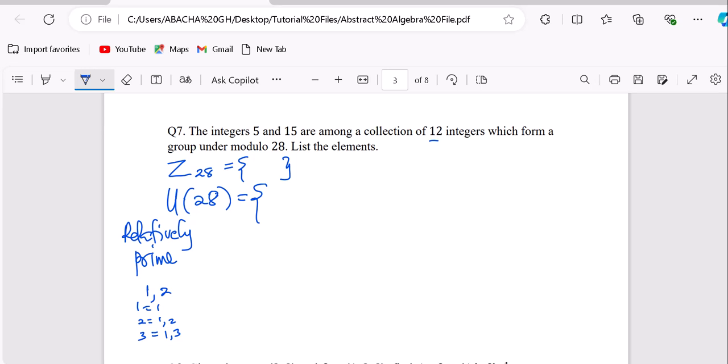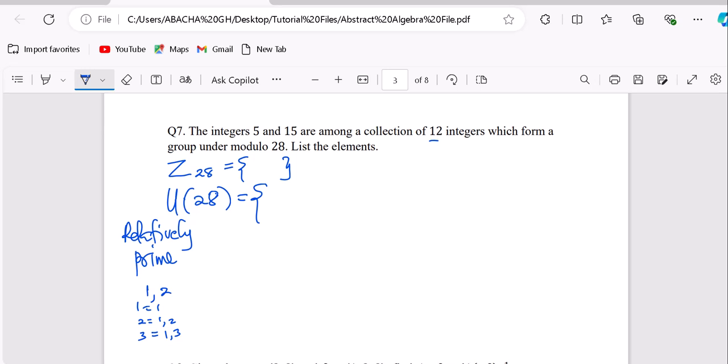So we are looking for all the numbers less than 28 which only have a factor of 1 in common with 28.